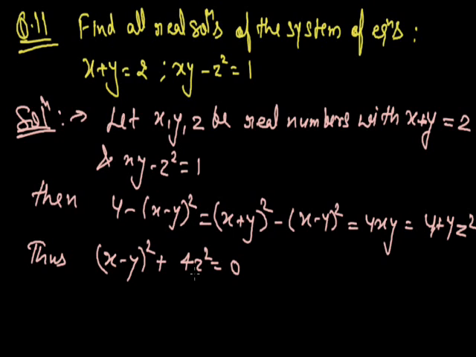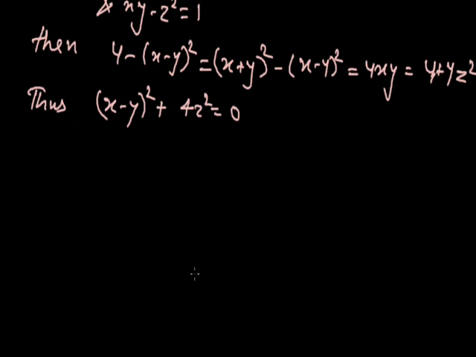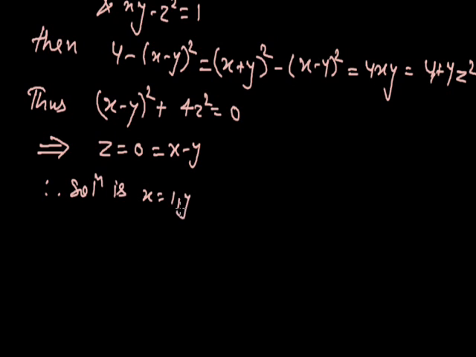Now as the sum of squares of two quantities is 0, the two quantities must be equal to 0. So this implies that z is equal to 0, also x minus y is equal to 0. From here we have the solution x is equal to 1, y is equal to 1 and z is equal to 0. That is the only solution of the given system.